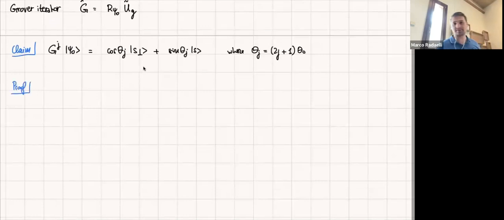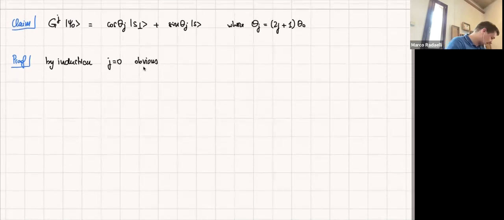Now the proof. Actually, looking at the time, it's probably better to sketch it without going in super detail. The proof is done by induction. So the idea is that we prove that for j equals 0, this is obvious. I mean, that's where we started from.